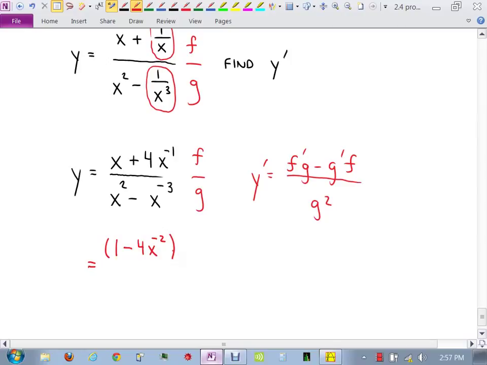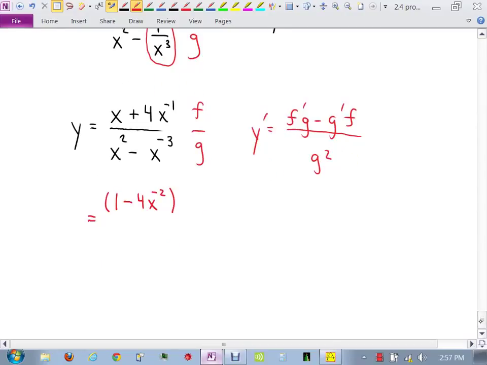That's the derivative of the top, times g, which is x squared minus x to the negative 3, minus, what's g prime? So minus negative would become a plus, right?